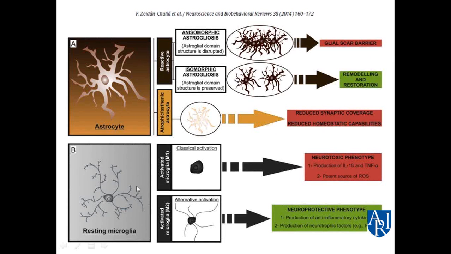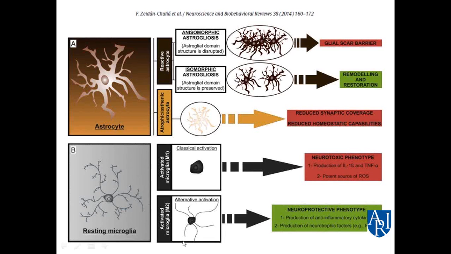Microglia may be resting, and when classically activated by an injury, become neurotoxic, producing IL-1 beta and TNF-alpha. They're a potent source of reactive oxygen species, needing antioxidants.